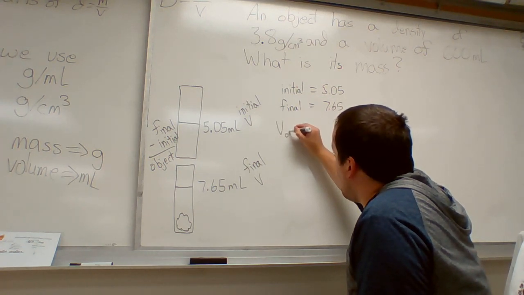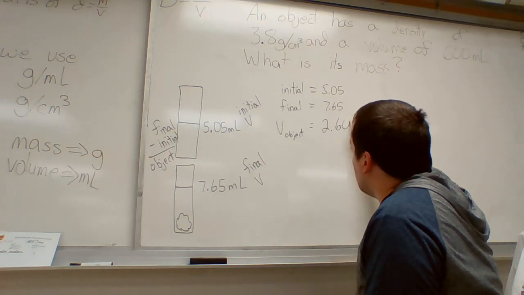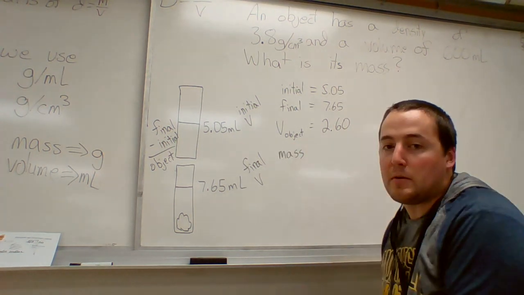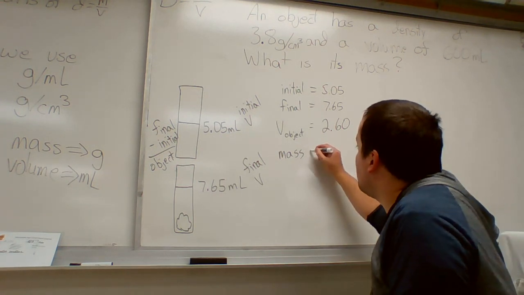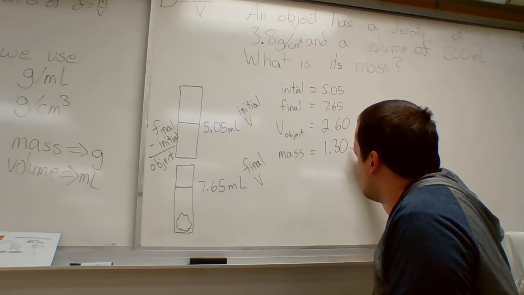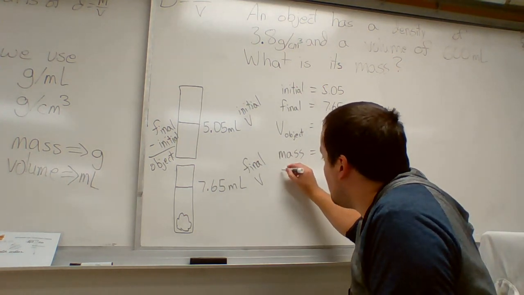Volume of the object we established was 2.60. So let's say the mass, we put that object on the scale and we find out that the mass of it is 1.30 grams.